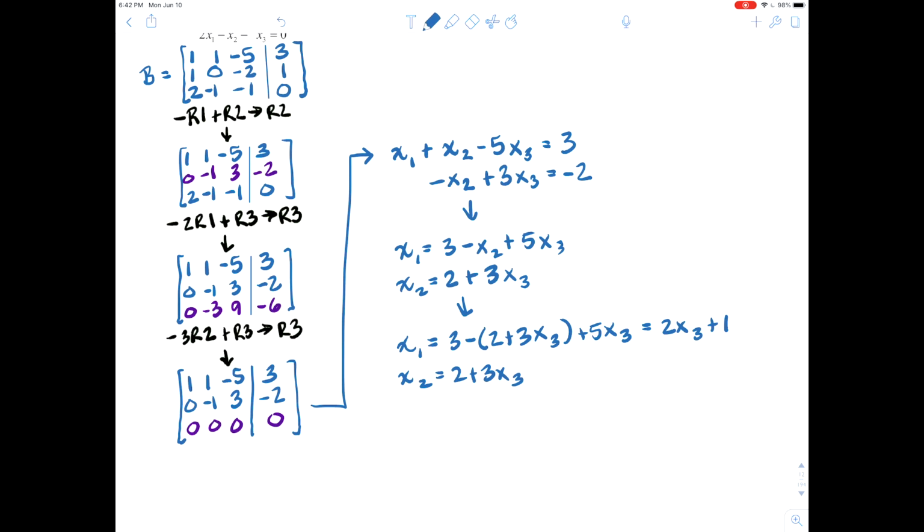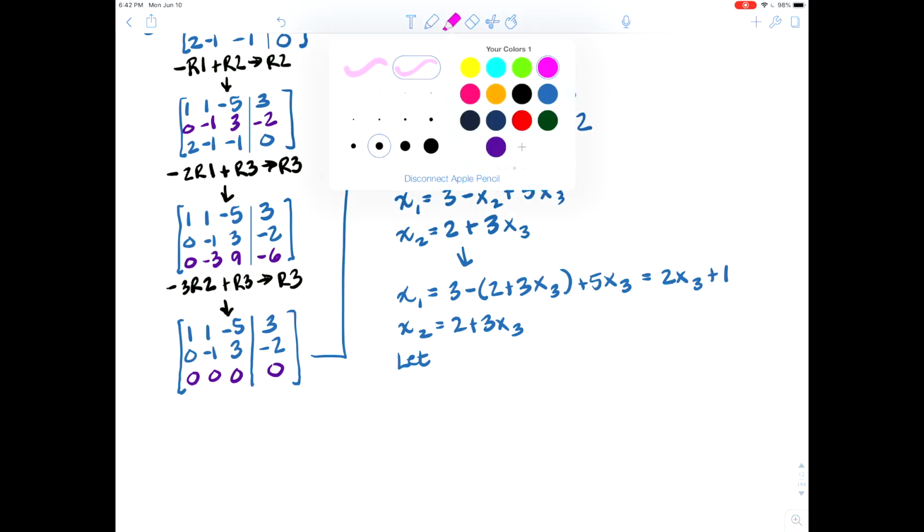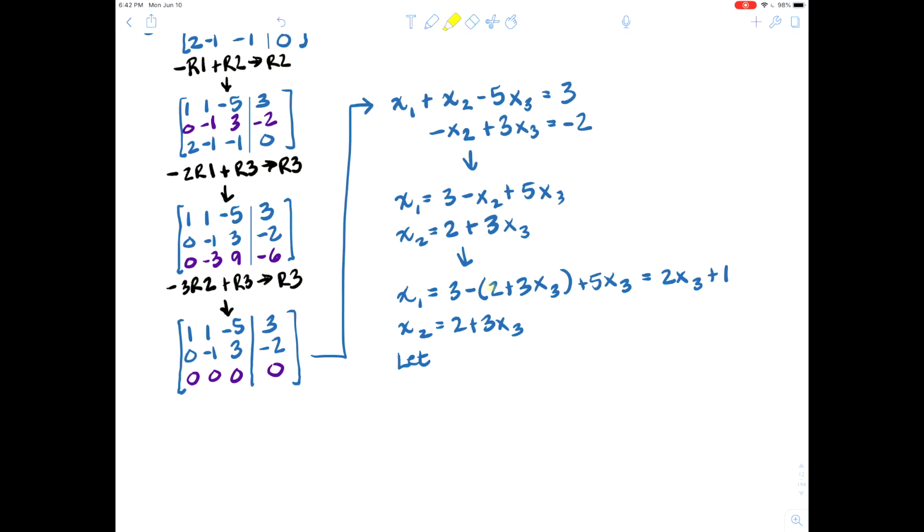And if we now let, how many parameters do we have? We just have one parameter, right? And by the way, this was because we had x2 right here, and x2 is this.